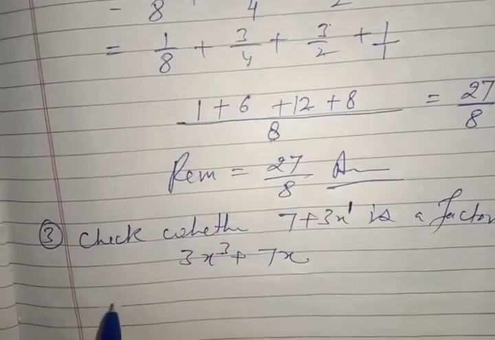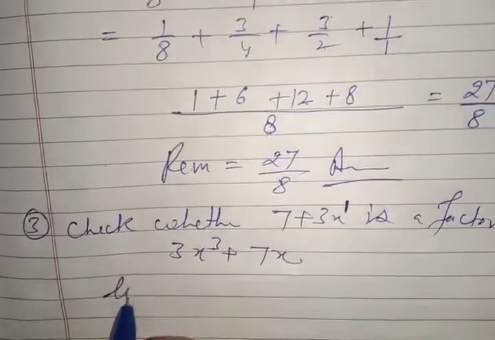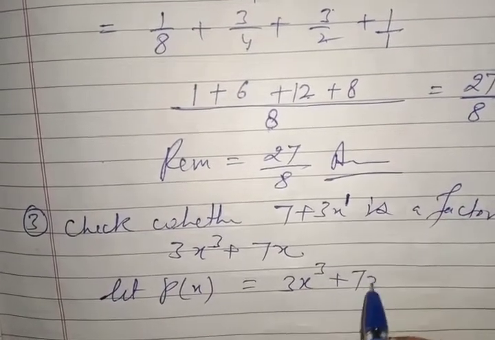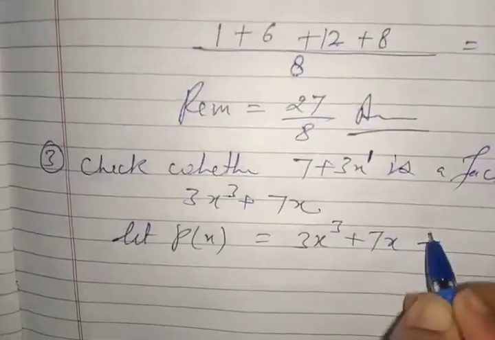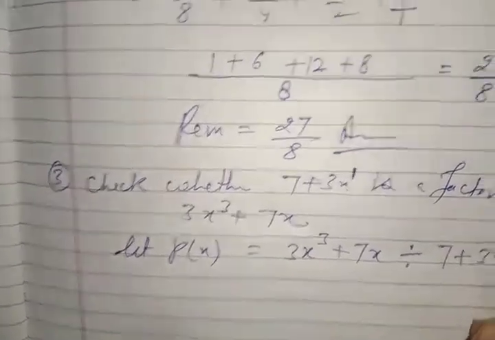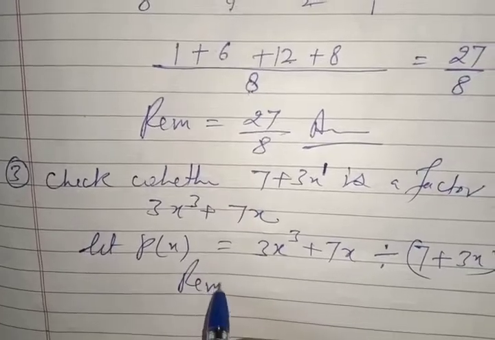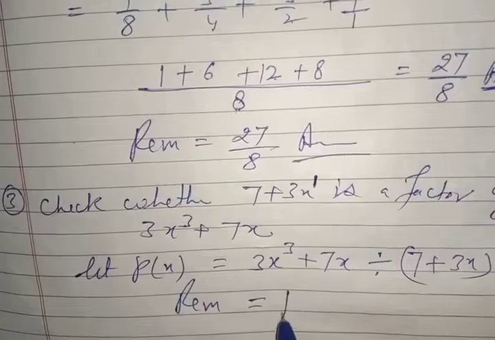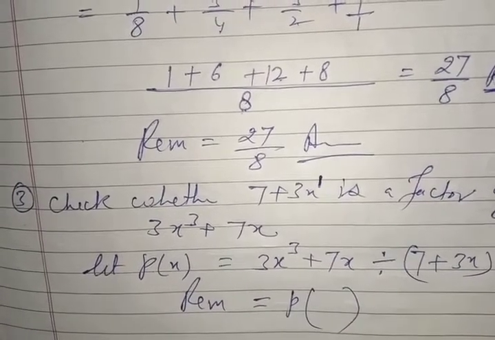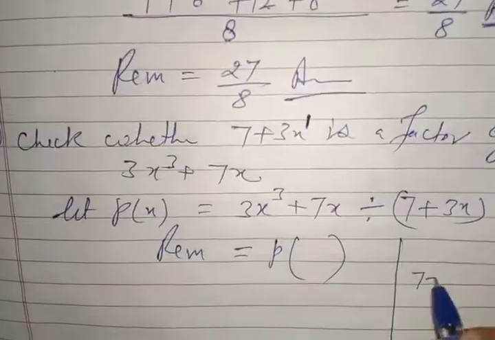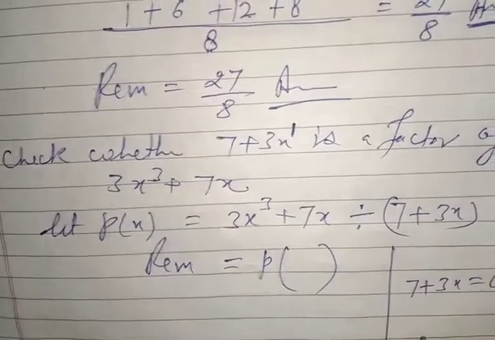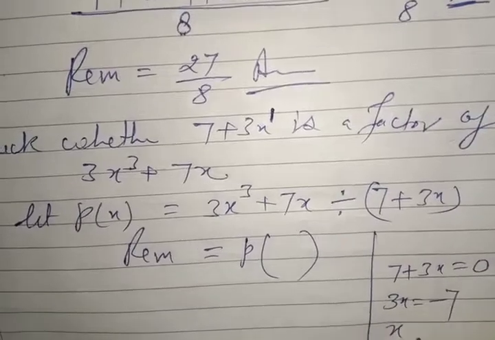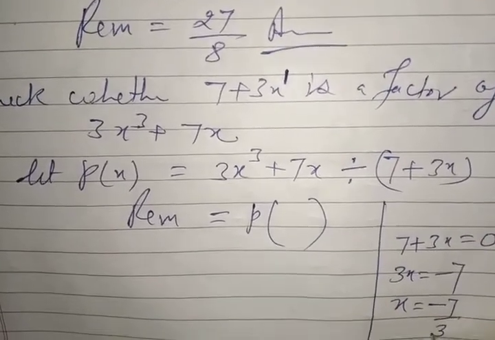So we will write that p(x) is equal to 3x cube plus 7x, divided by 7 plus 3x. Then the remainder theorem says the remainder is equal to p of, we need to find this in rough. Put 7 plus 3x equals 0, so 3x is equal to minus 7, x is equal to minus 7 by 3.